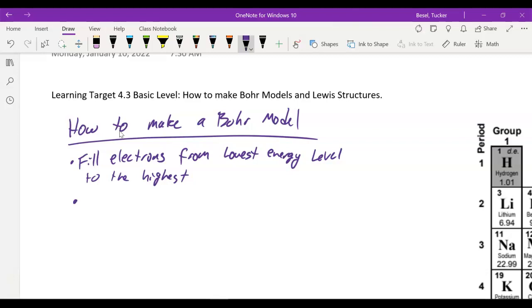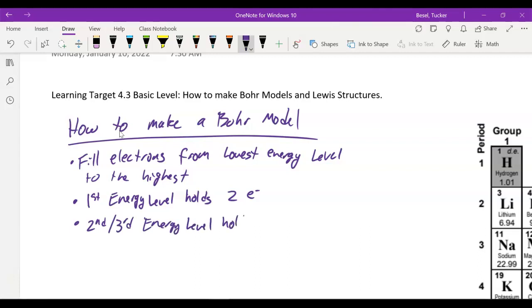Each energy level holds a slightly different amount of electrons. The first energy level holds 2 electrons, and then the second and third energy levels hold 8 electrons.